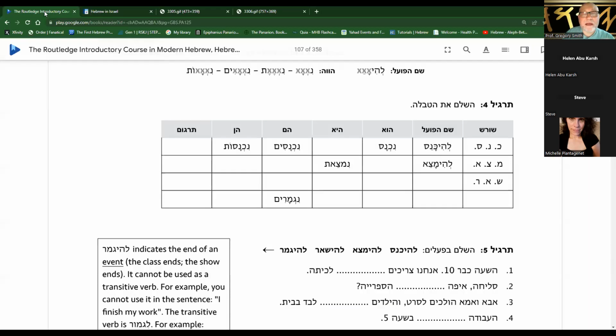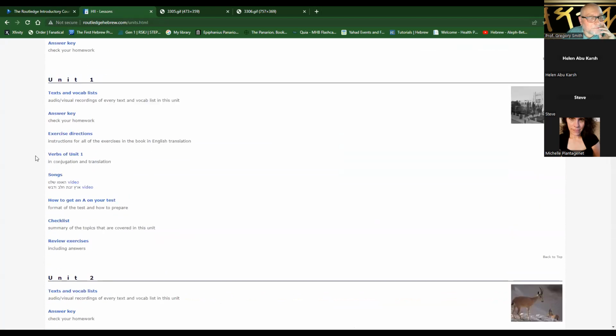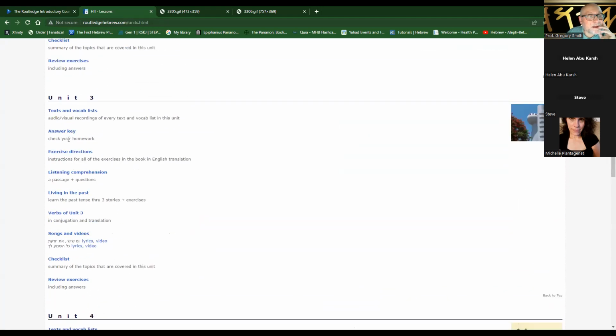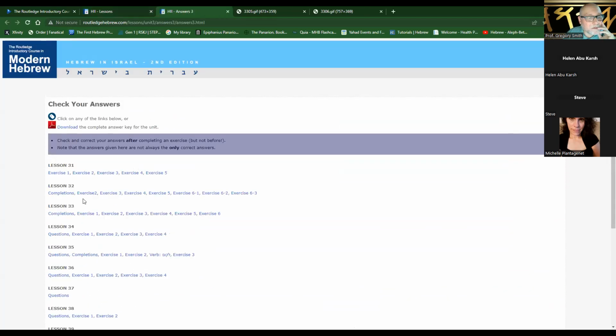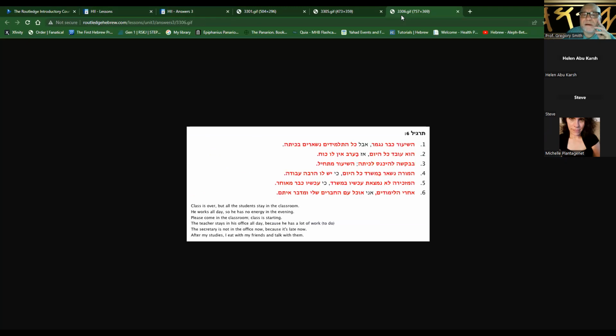Now, this guide right here I paid for. But you can learn a lot from just this free website here, Rootlets Hebrew, because they've got resources on here, like games and stuff. So just put in rootletshebrew.com. We're going to go down to Unit 3, which is where we're at right now. We're on lesson 33. And one of these is that chart that I'm looking for.